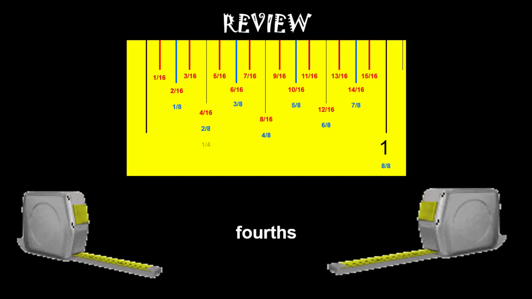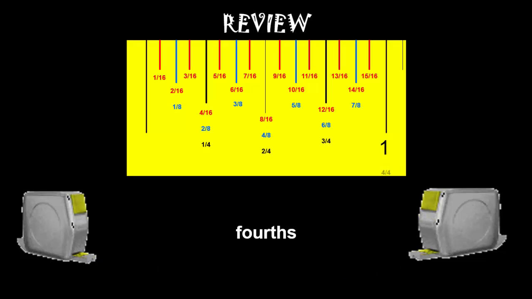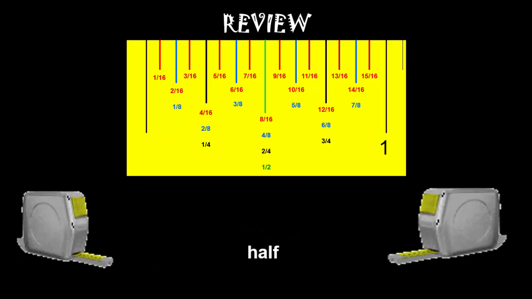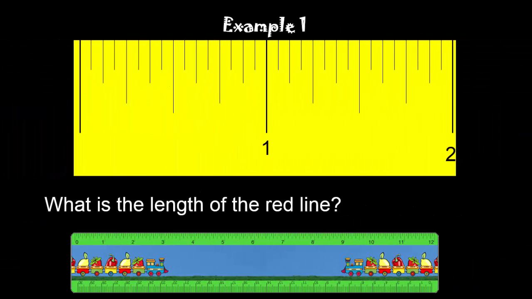Next we break it up into fourths, 1/4, 2/4, 3/4, and 4/4 in the black. And then 1/2 an inch in the gray. And we see that 2 halves make up 1 inch.